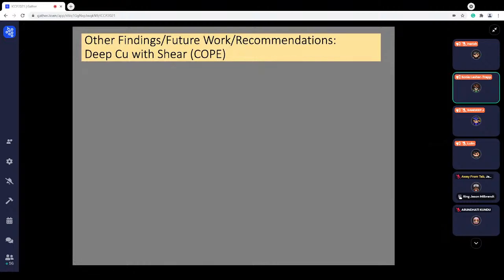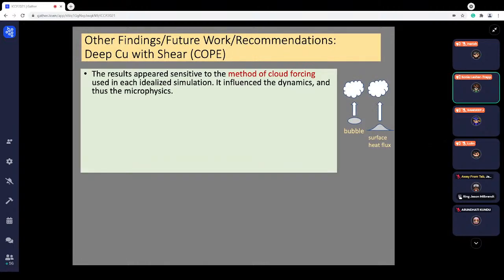So, other findings and future work. We had a nice long discussion because different models had the clouds initiated by different forcing mechanisms. Our original runs had used the surface heat flux, and that was not available in the other models. So we tried to produce a line of bubbles to mimic the effect of the surface heat flux.